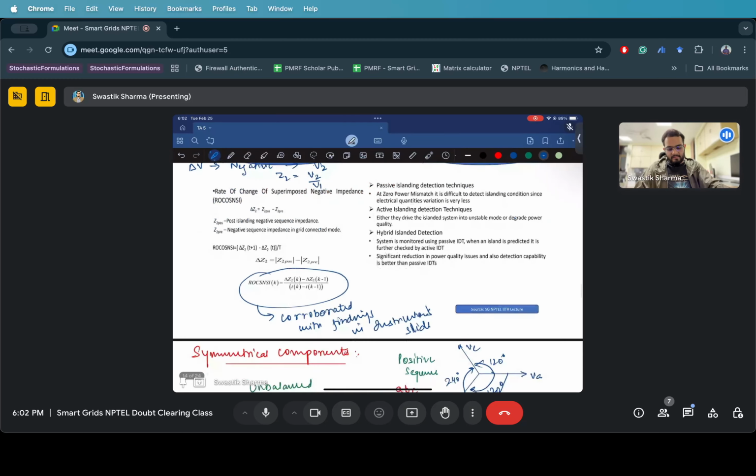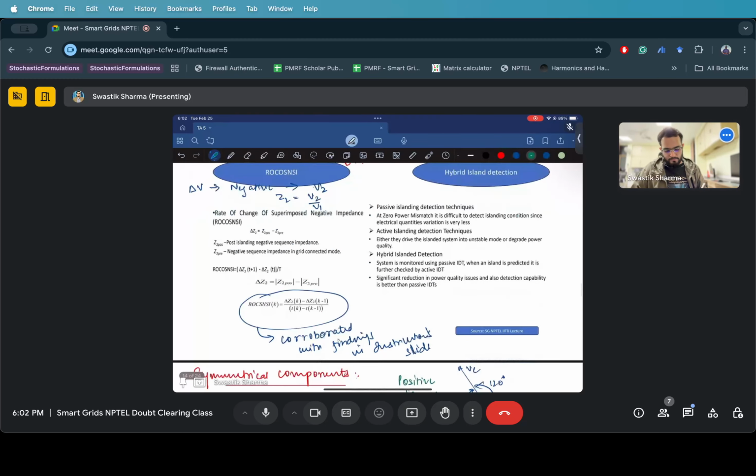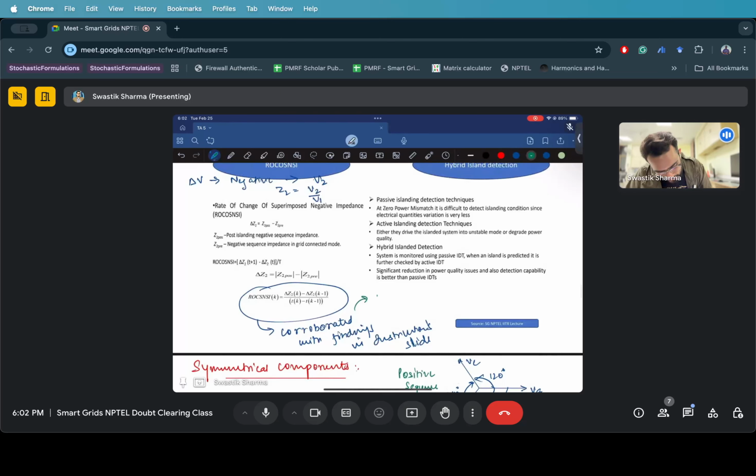Now there are some drawbacks too. One drawback could be if the system is highly balanced. If the system is highly balanced, this will not work, because the negative sequence component will be very small, and tracking that small change will not give you a perfect benefit. So the threshold matters a lot.